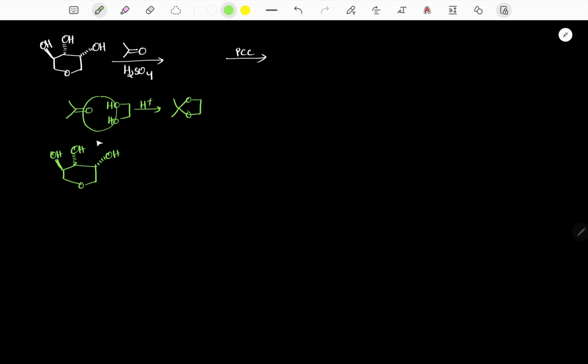When it is undergoing reaction with the ketone, this is a trans part. So two OH groups are on opposite sides with respect to the plane, but this part is a cis part. So the cis part reacts easily. Therefore, we remove the H2O, and the corresponding product is like this.